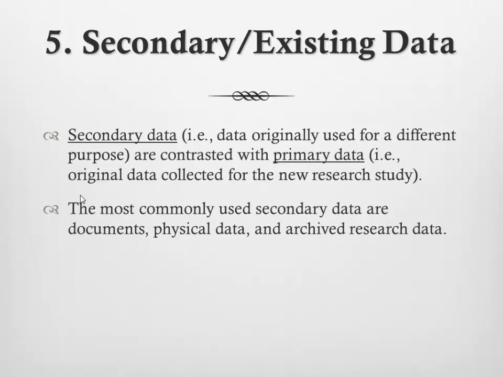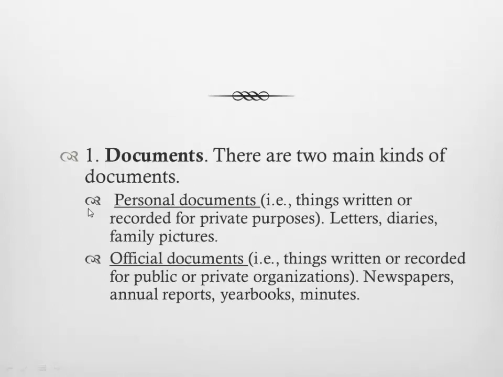The most commonly used secondary data, so data collected for another research study, are documents, physical data, and archived research data. And there are 2 main kinds of documents: personal documents, which would include things like letters, diaries, and family pictures, so things belonging to an individual and collected, written, or recorded for private purposes.